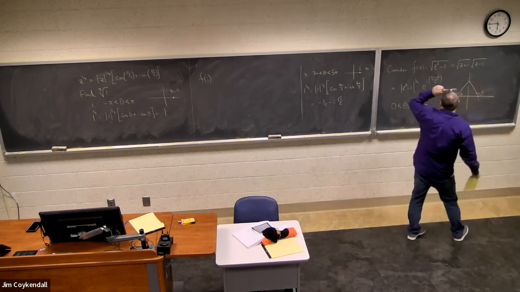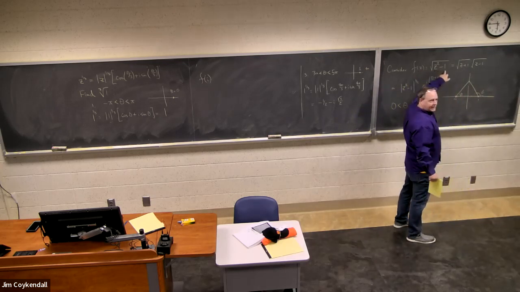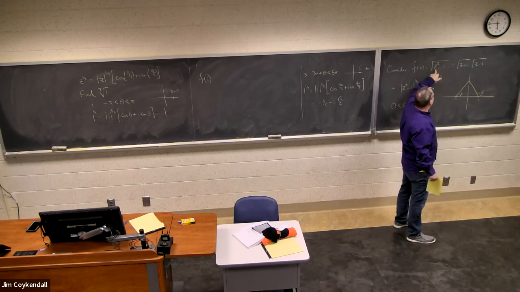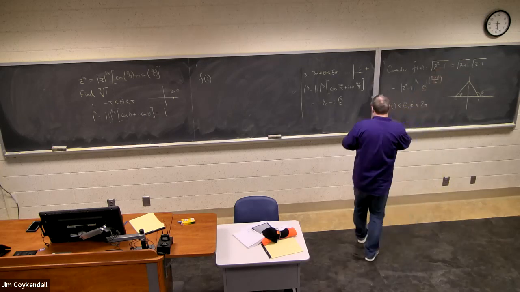Okay, so what happens if I just kind of blindly plug in i to this, right? I get -1 and -1, agreed? It's because i squared is -1.